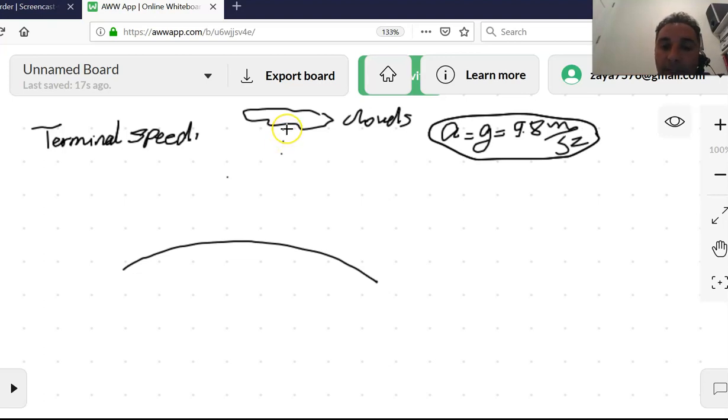So when an object falls, after some time and after traveling some height, what is happening?